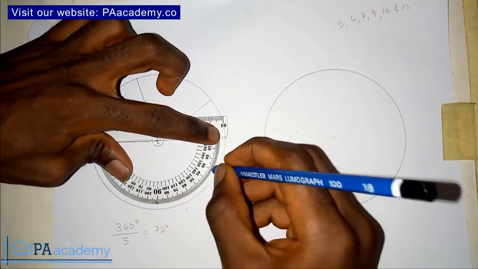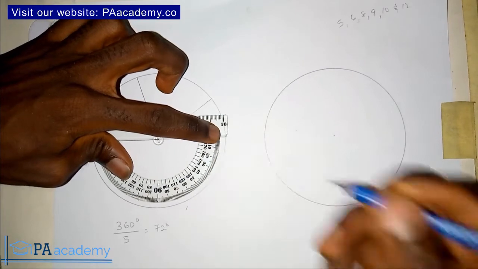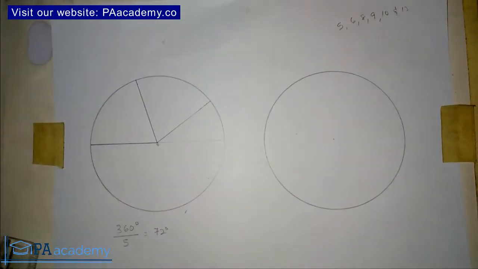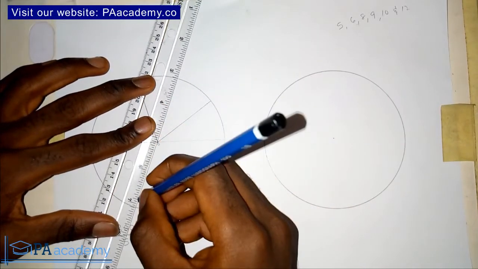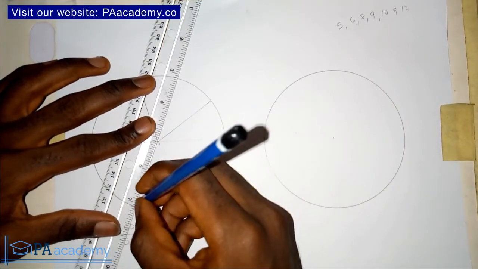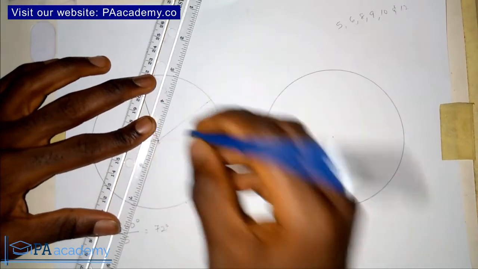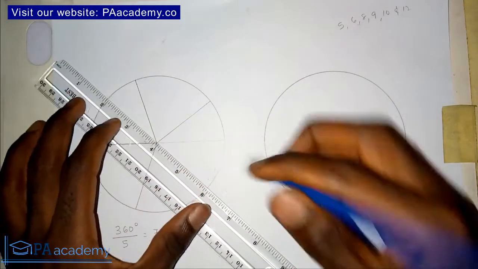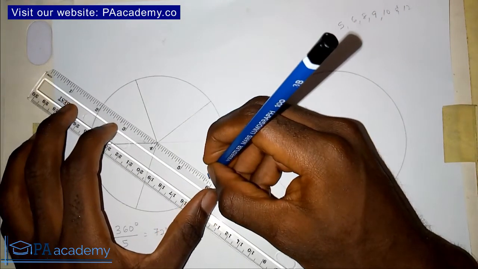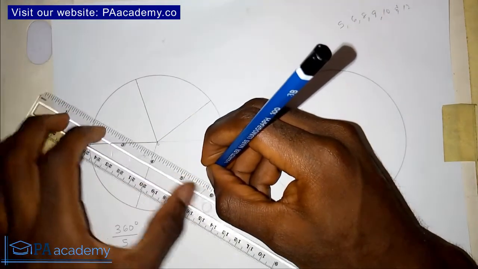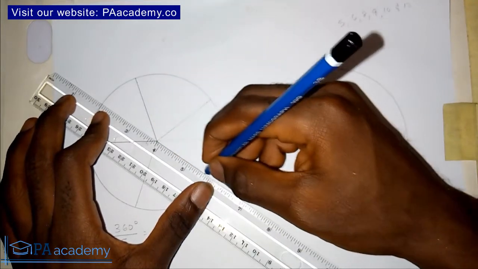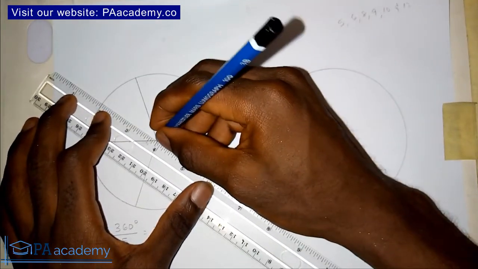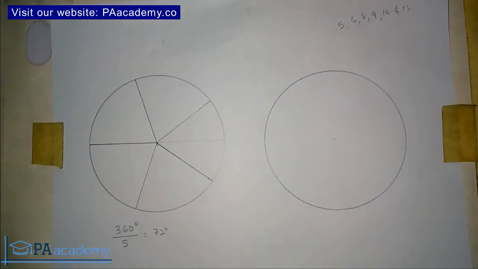So we join it to the center of the circle. With this now, we've been able to divide this circle into 5 equal parts.